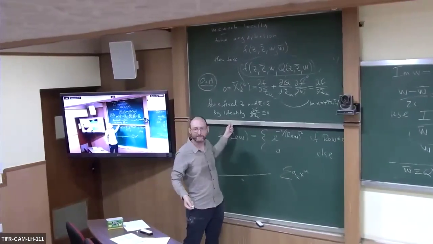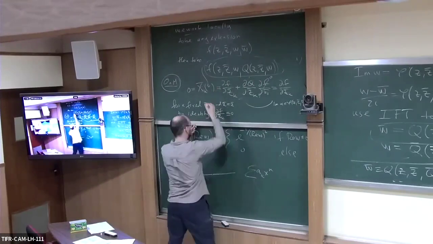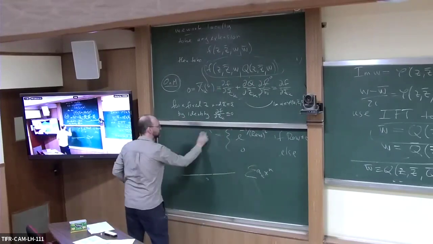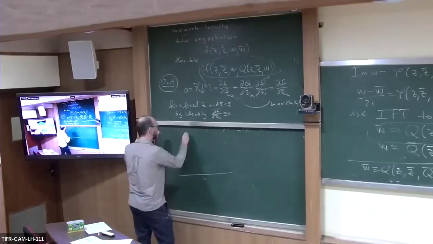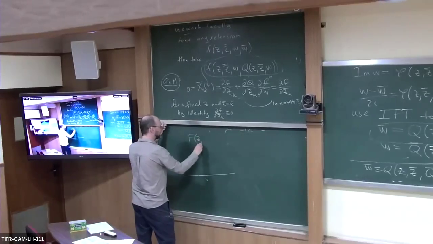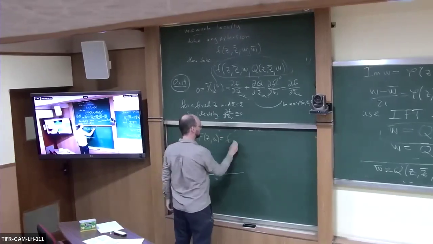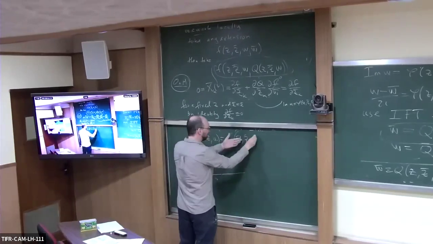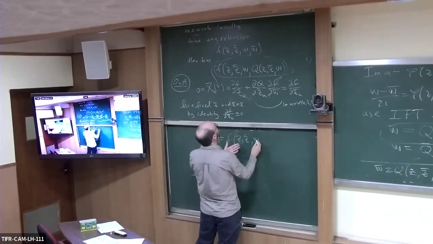Well, that means I'm done. This expression, my f of z w, I can write it as this. Write the z bar in there, but it's not there.